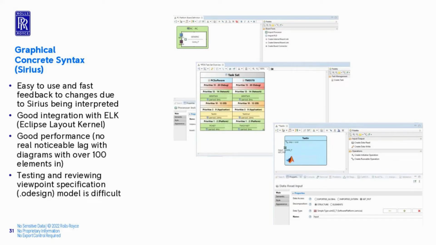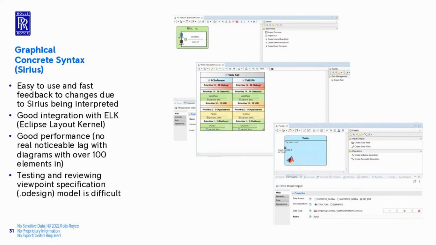One of the things that we have found quite challenging is testing and reviewing the viewpoint specification model, so the odesign model. We've tried a couple of frameworks, RCPTT and SWTBot. Both of these frameworks are GUI testing frameworks that actually click and drag and drop and modify the model elements using the same tools a user would.